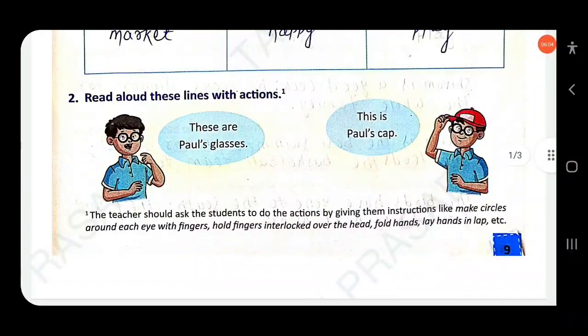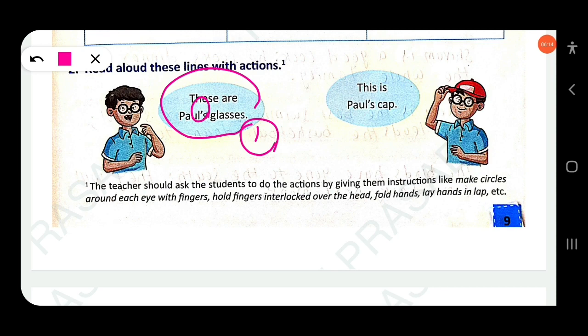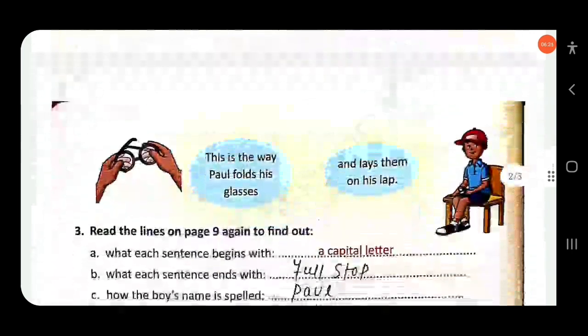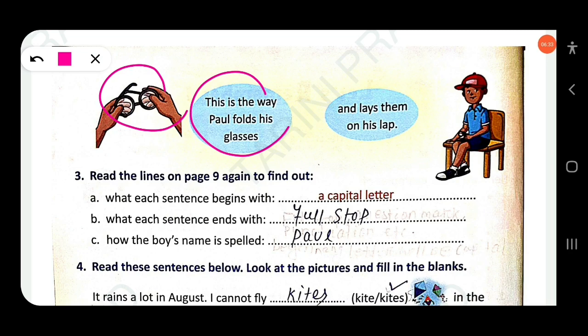Then next here, read aloud these lines with actions. Okay, so there are two sentences here. These are Paul's glasses. Okay, so here the sign is called an apostrophe. Okay, this is Paul's cap. Clear? So here, this is the way Paul folds his glasses and lays them on his lap.